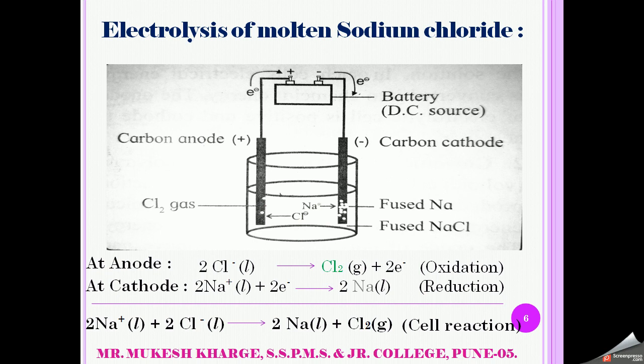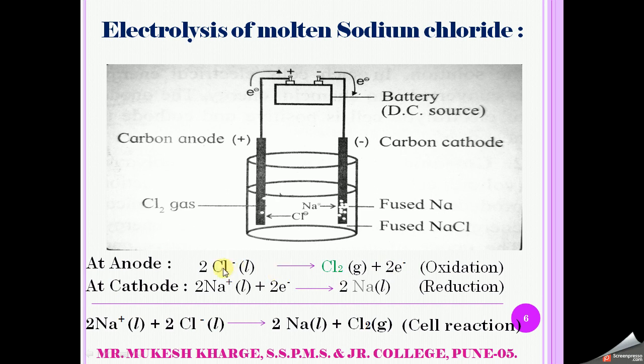The Cl minus ion from your fused NaCl is attracted towards the positive electrode, the anode, and as Cl is 1 minus, it donates 1 electron and gets converted into a neutral chlorine atom. But a chlorine atom is unstable, that's why it combines with another chlorine atom. So to produce two chlorine atoms, 2 Cl minus lose 2 electrons, because each chloride carries 1 minus charge.